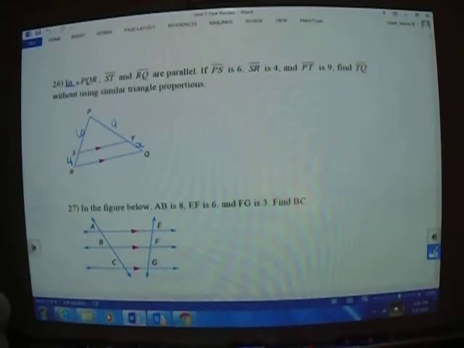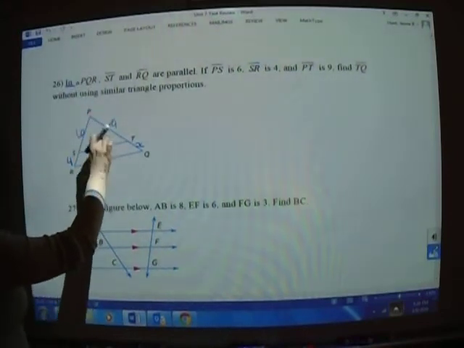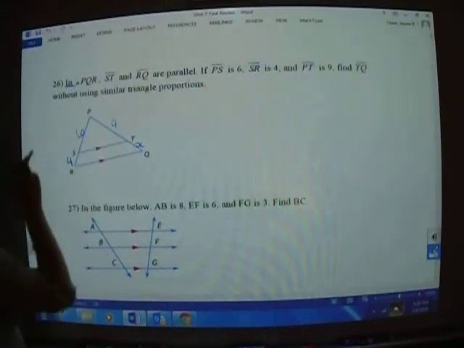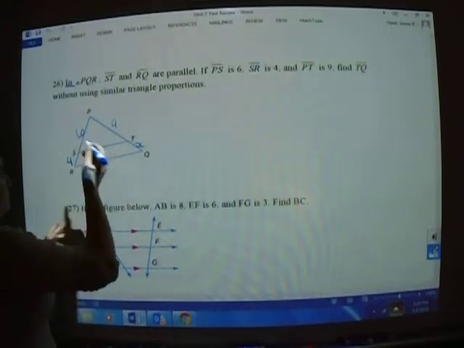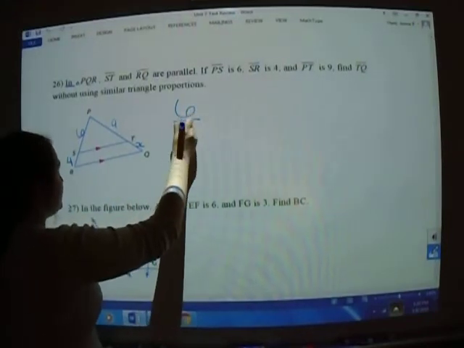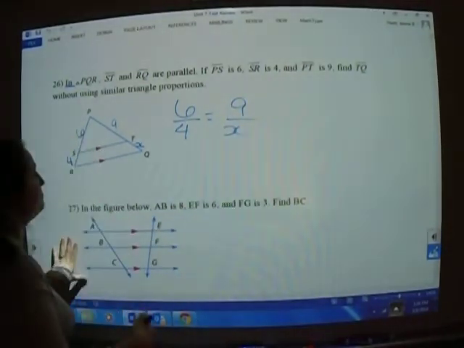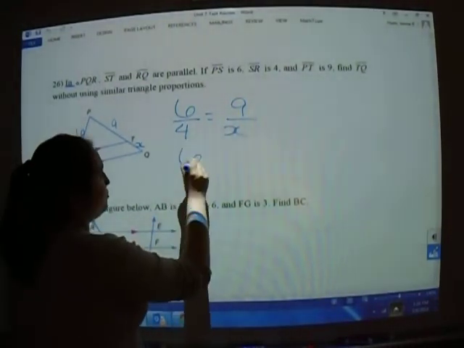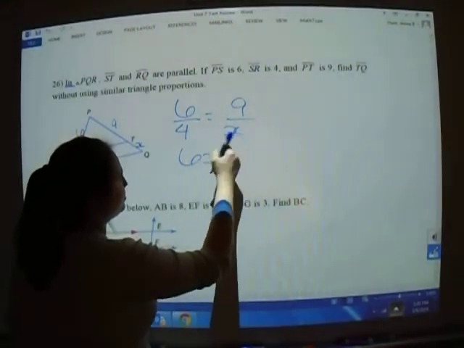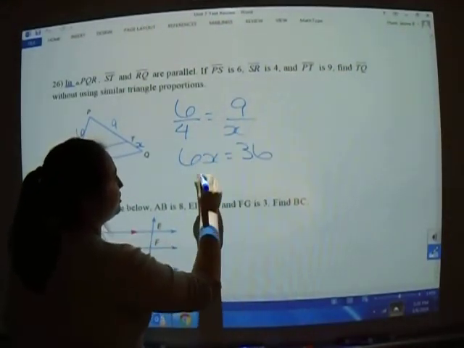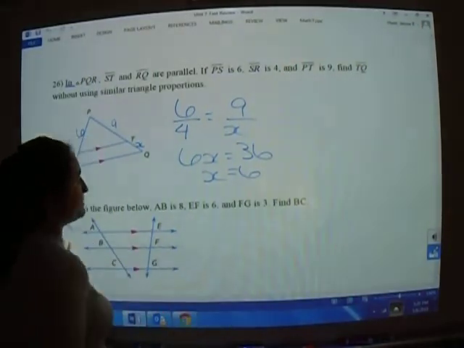So that just means you can't assume that these are similar, like by doing this triangle and then this triangle. So instead what you're going to do, what we talked about the other day, 6 over 4 equals 9 over X. That's it. And then you cross multiply, you get 6X equals 36, so X equals 6.